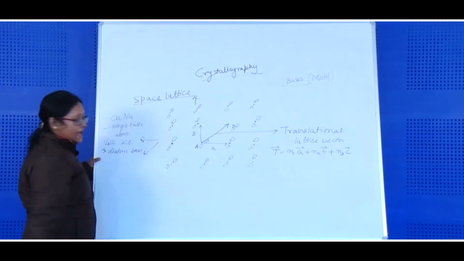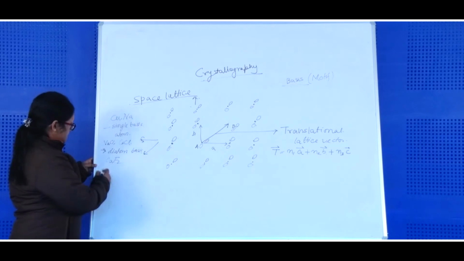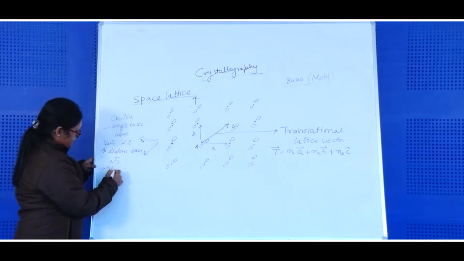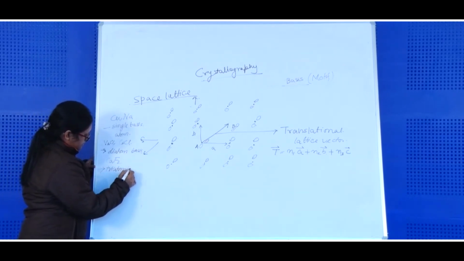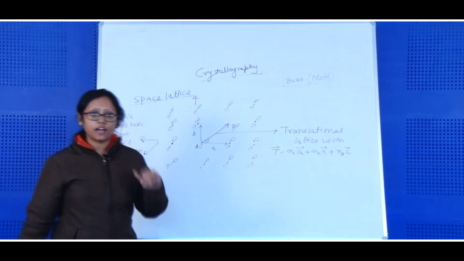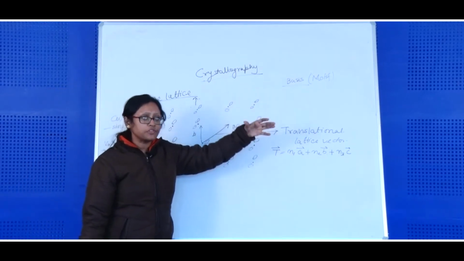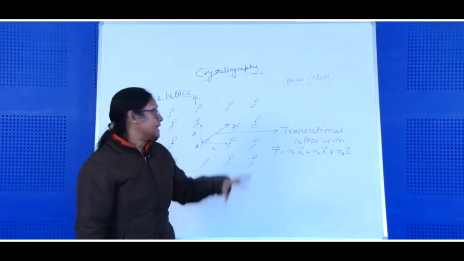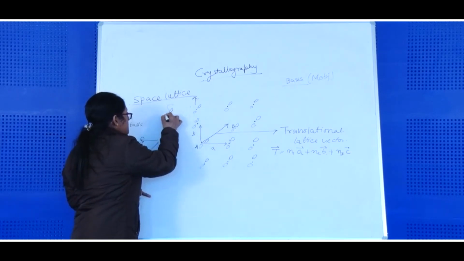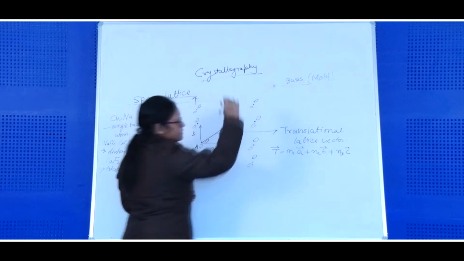If there are 3 atoms, for example calcium fluoride, it is a triatomic basis. So depending on the structure of the crystal, it may be 1 or 2 or 3, or many more. This group of atoms is called the basis.